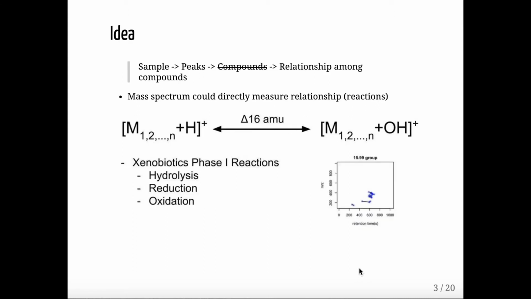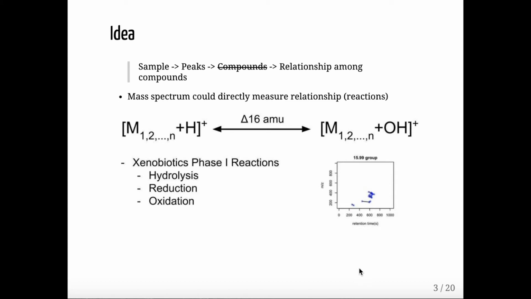So here is my idea to solve these problems. Let's look at this workflow: sample, peak, compound, relationship among compounds. If our purpose is the relationship among compounds, could we directly measure it from the peaks and skip the annotation of the compounds? Actually, it could be done. For example, if an oxidation process happens, we will always see a delta 16 Dalton between the parent compound and the product compound.